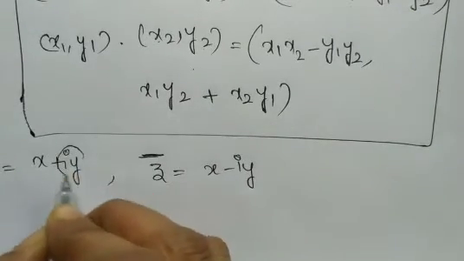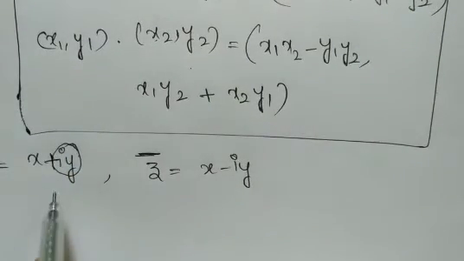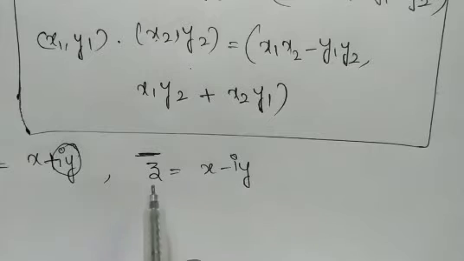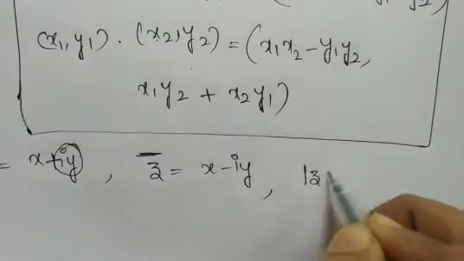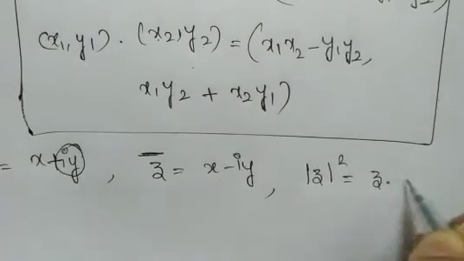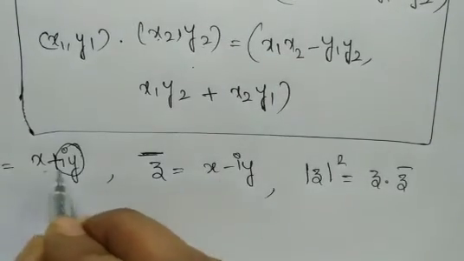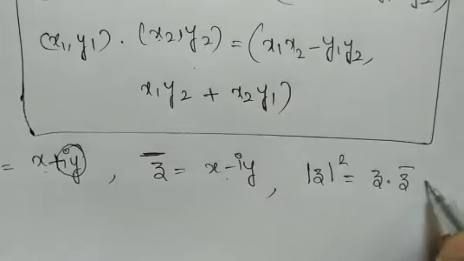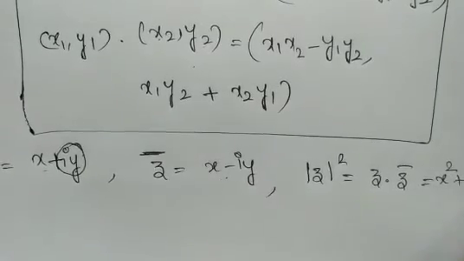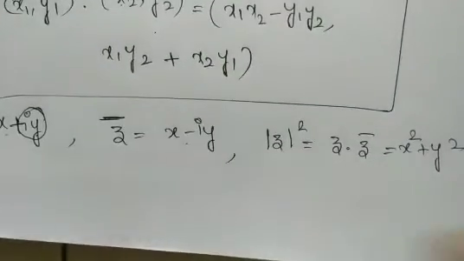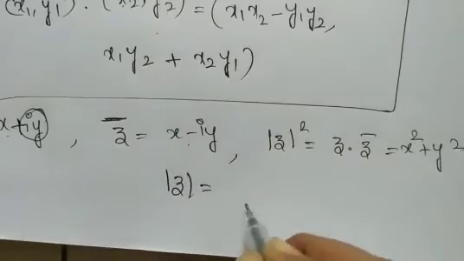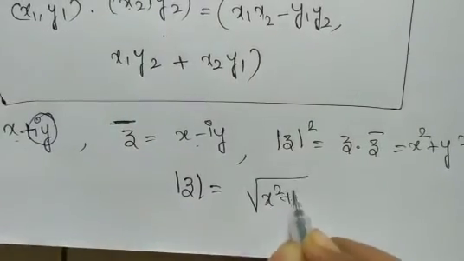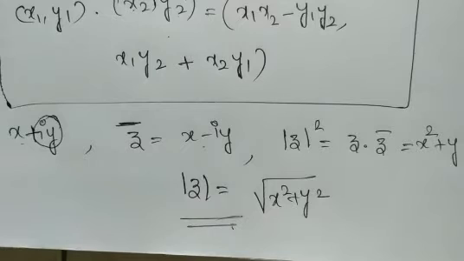Conjugate means changing the sign of the imaginary part, so z bar equal to x minus iy. Then modulus of z square equal to z into z bar, that is x plus iy into x minus iy, which is equal to x square plus y square. Next, modulus of z equal to square root of x square plus y square. So this is the note.